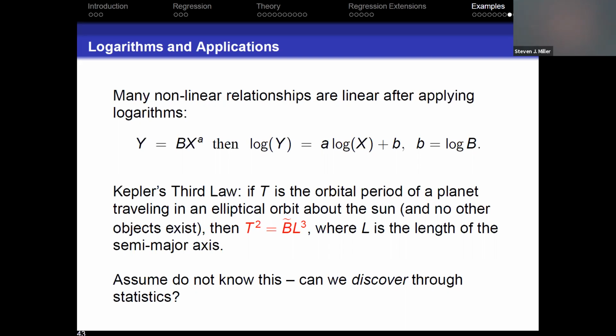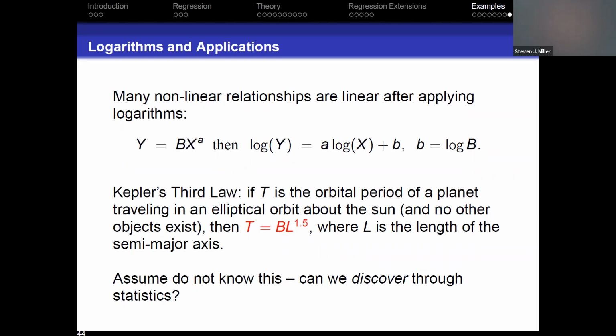If you were really looking at the slides, you would have noticed there was a b tilde, because I don't really consider b tilde the fundamental constant. I consider b the fundamental constant. So T, according to Kepler, should be proportional to the 1.5 power of the length of the semi-major axis of the ellipse. That's the longer axis of the ellipse, the long direction.